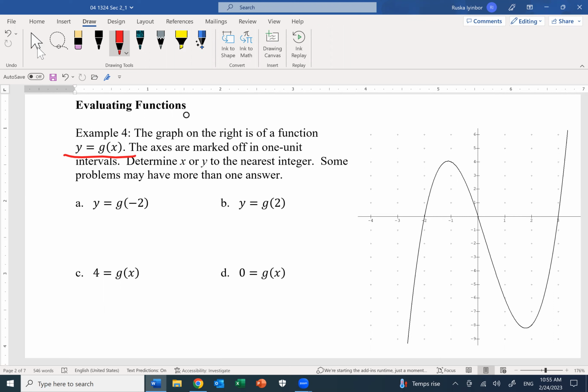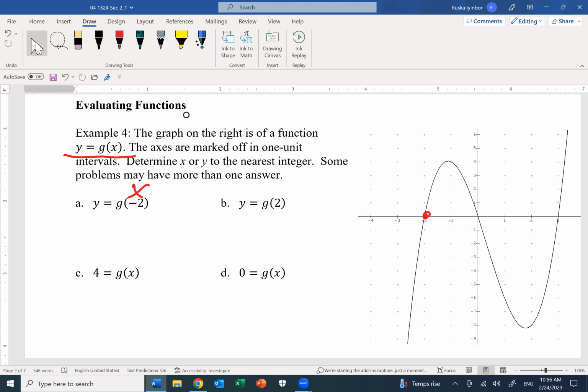So here they ask me to find g of -2. This -2 is going to be x. So I'm going to go on my graph to the x-axis. x is -2. This is the point there, -2. They're asking what is the y coordinate for that point. Looking at this point, the coordinates are -2 and 0.